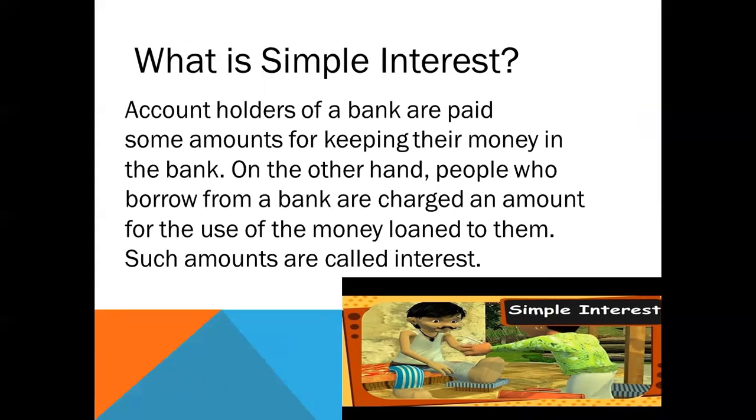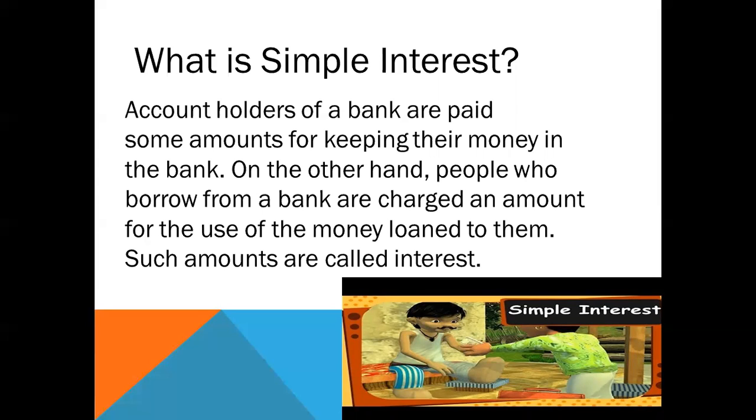Whatever amount we deposit in a bank or keep in the bank, the extra money that is charged or given on that amount is known as interest. For example, if you deposited rupees 5,000 to a bank and the interest has been charged as 10%, then the extra 500 you will be getting at the end of the year.